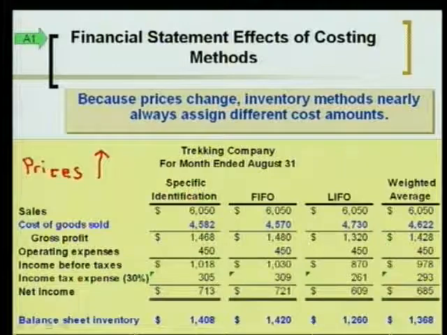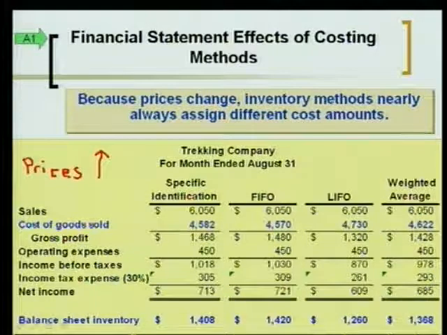Now, can you see from looking at this slide why a company might want to use the LIFO method? Why might a company want to choose the LIFO method? Cheaper. Because it boosts their books.